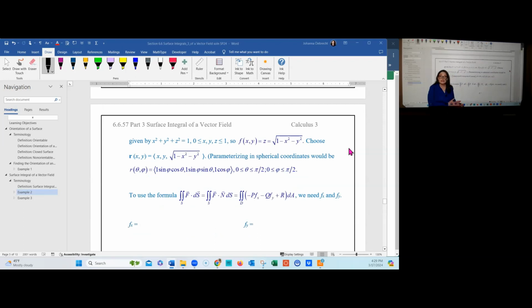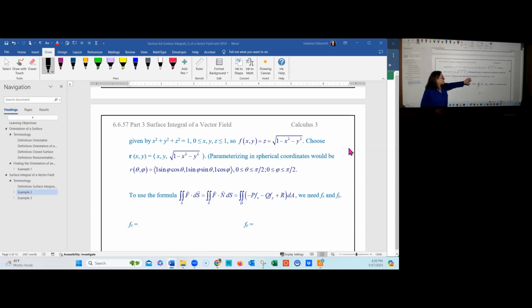I chose to let my parameterization be the rectangular one, where I chose X to be the first parameter, Y to be the second parameter, and I wrote Z in terms of X and Y for the third component.